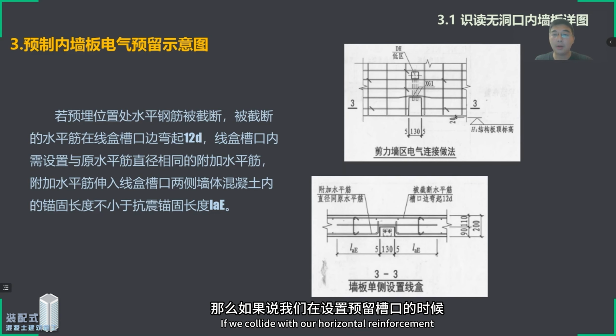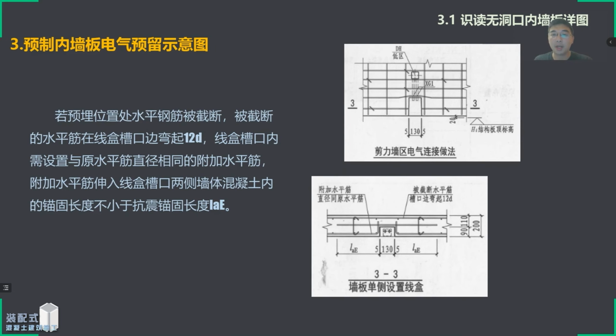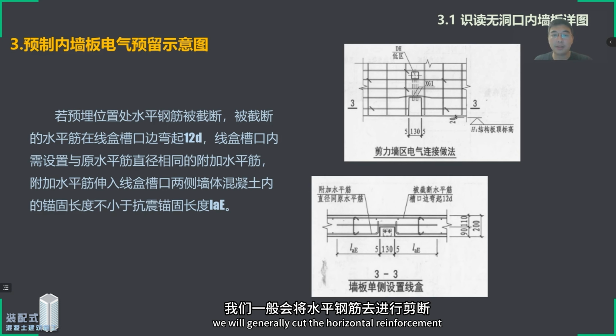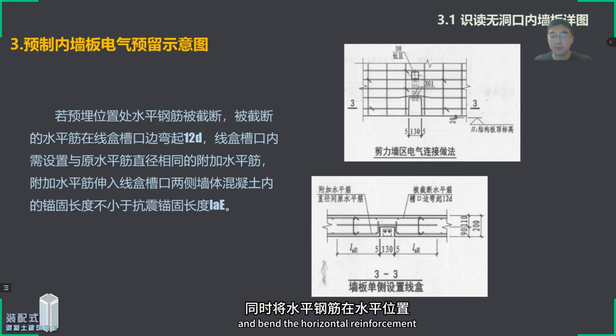If we collide with our horizontal reinforcement when setting the reserve notch, we will generally cut the horizontal reinforcement and bend it inward 12 times at the horizontal position.